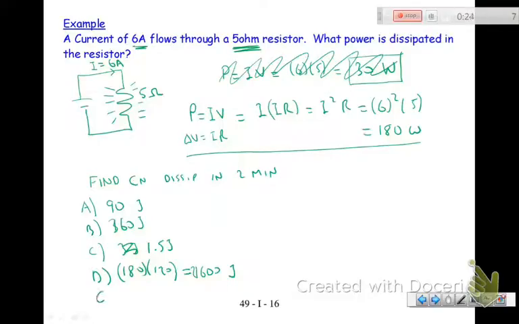Oh, and then E is equal to, let's have a look, this is going to be 1.27 times 10 to the minus 8 joules.